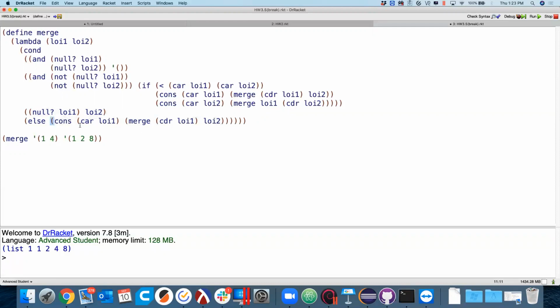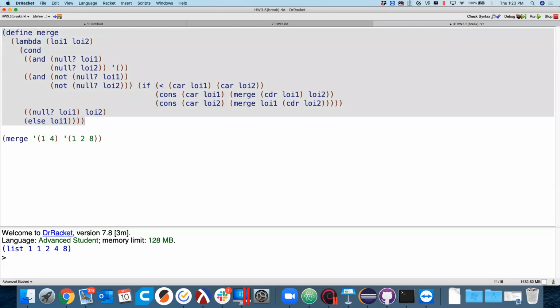Similarly here, we can just boil down to LOI1. Like that. And it'll still give you the right answer. So the idea here is if we've run out of things to check in LOI1, why continue this charade? We can just bail now.